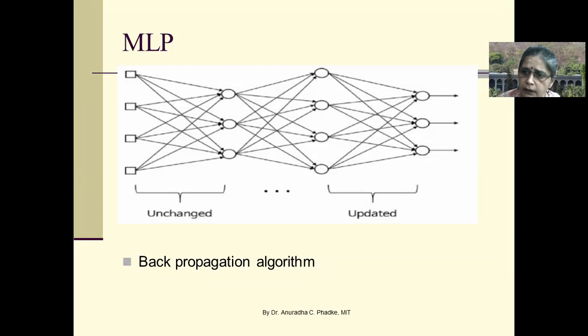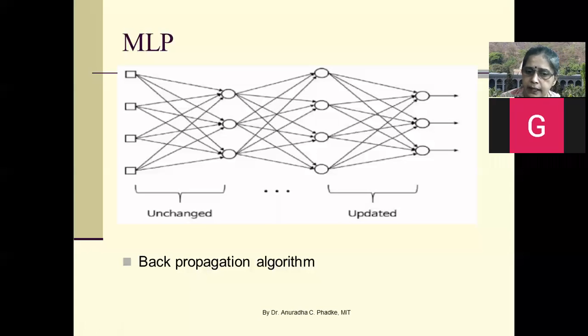Please tell me, in case of back propagation algorithm, weight updation is proportional to which parameter? Please type your answer in the chat box. How we derive the change in weight? Change in weight is proportional to which parameter in case of back propagation algorithm?